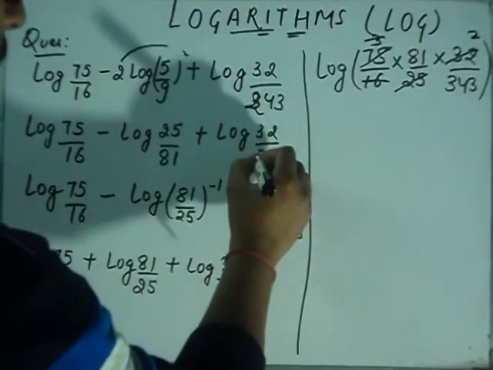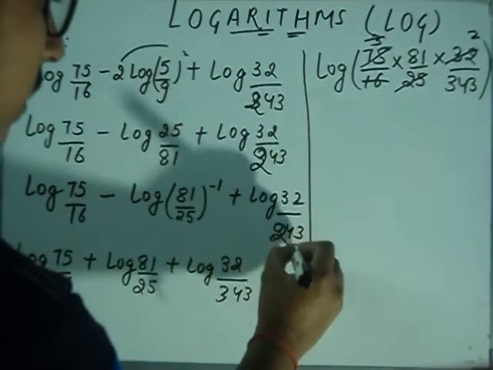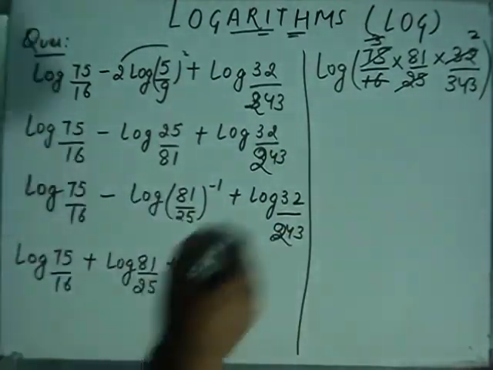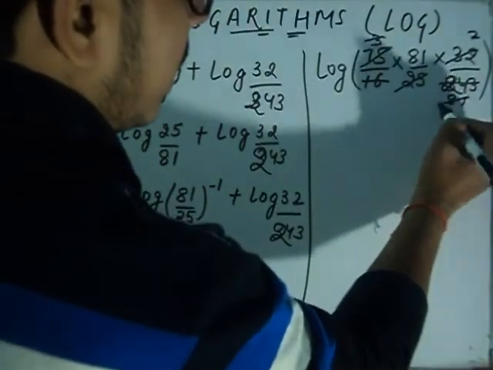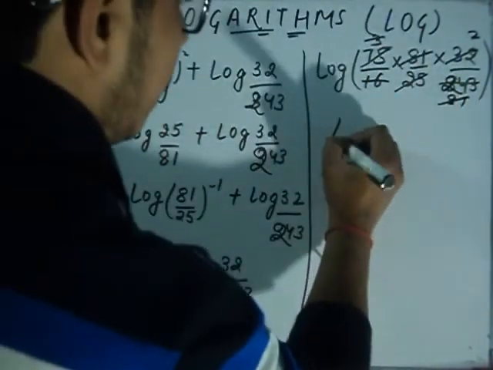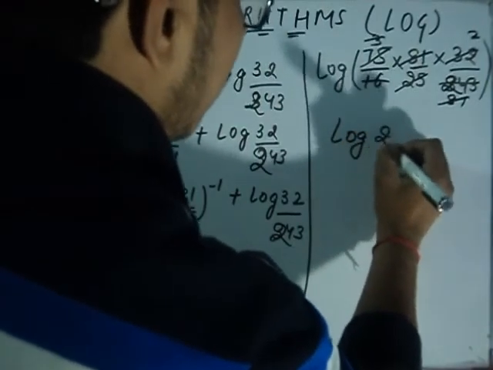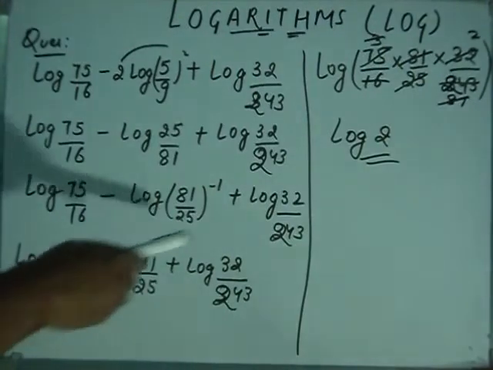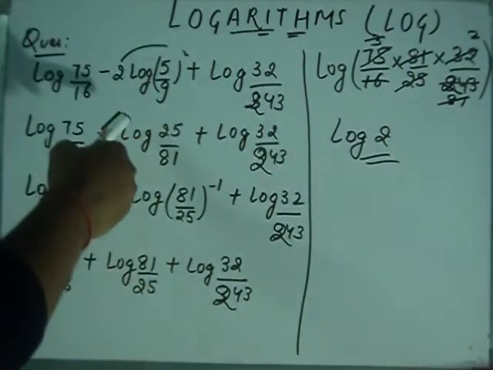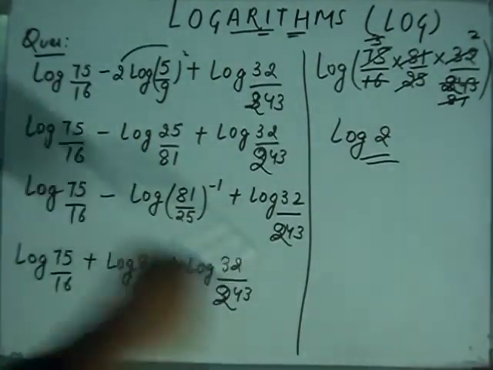I made it wrong. It's 243 and this value becomes 81, and 81 divided by this. So we will get our answer as log 2. In this we discussed here one property, here is two property, and here is our third property.